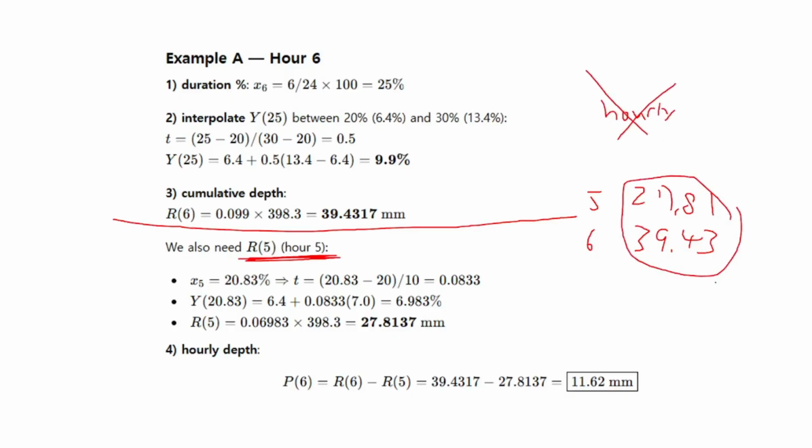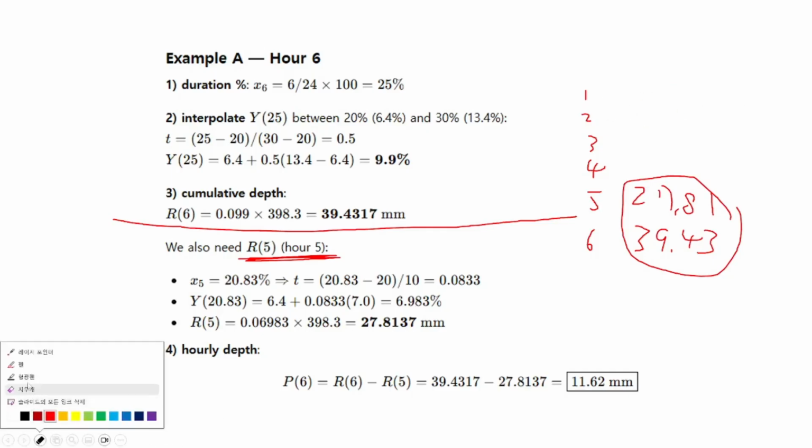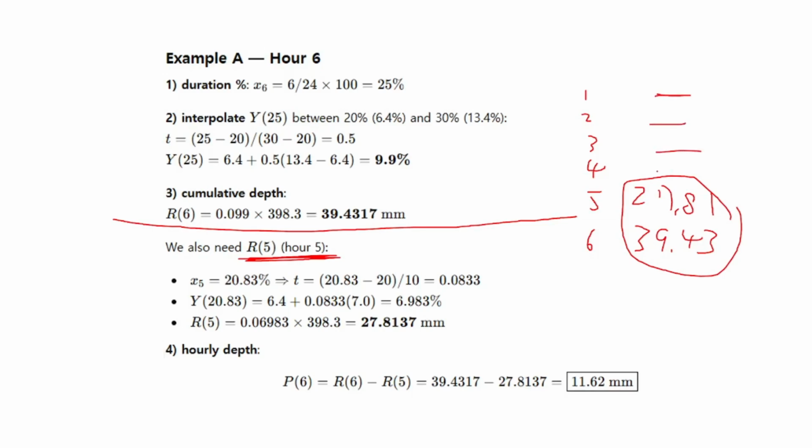Okay, this is cumulative. Cumulative means all the numbers that came before, whatever they may be, if there's some number here, some number here, some number here. So 27.81 is equal to all of these added. Okay, it's not hourly data, it's all of this data added into one value.